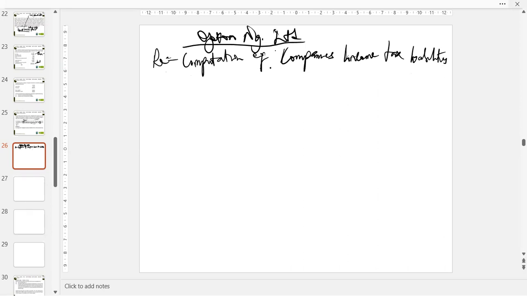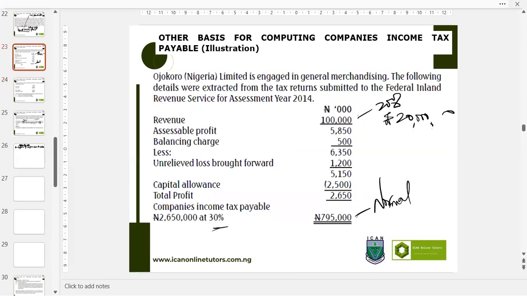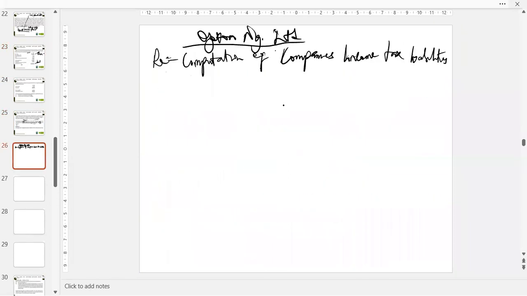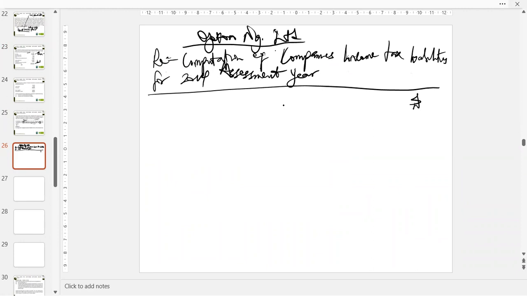Another thing we should have added here is what type of assessment we are doing for. So we are doing it for the 2014 assessment year. The computation of companies' income tax liability for the 2014 assessment year. So we have this and this. So revenue. Our revenue is how much?